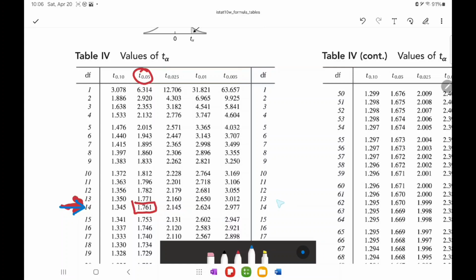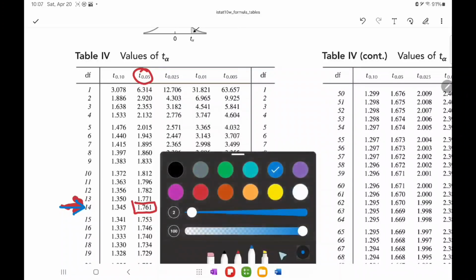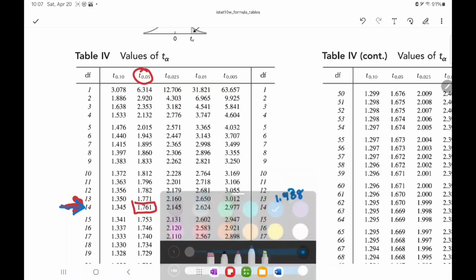Our test statistic value is 1.938, and that would fit somewhere between 1.761 and 2.145. It'll be somewhere over here. That's where it will fit.